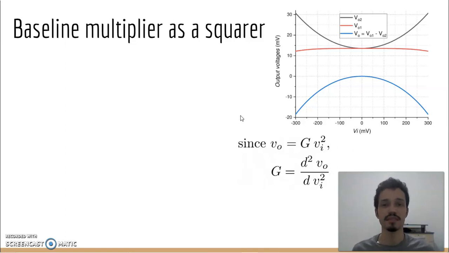Since here we are dealing with practical and not ideal square circuits, it's expected that this gain, or nonlinear gain, will suffer some deviation from its maximum value in the presence of a signal.